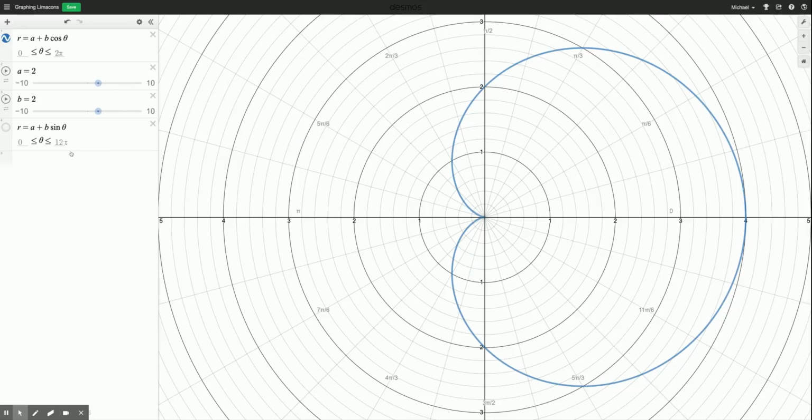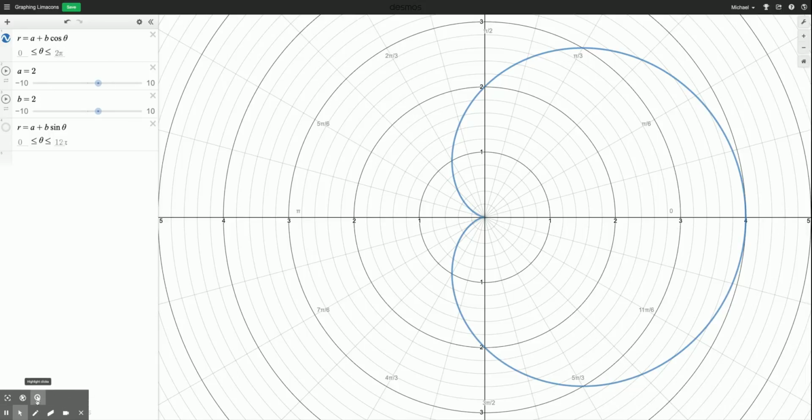Now, what do we have here? We have two types of curves, a plus b cosine theta and a plus b sine theta. Start with cosine because that's what I just explained to you in the introduction. But we're going to start with what we had as a cardioid. Now this cardioid is 2 plus 2 cosine theta. Notice what happens.